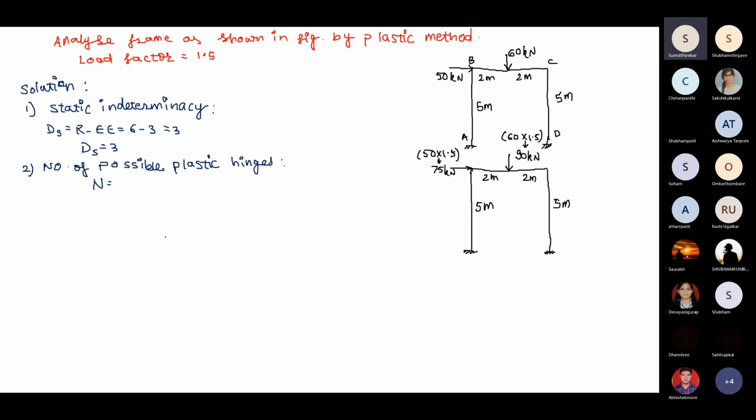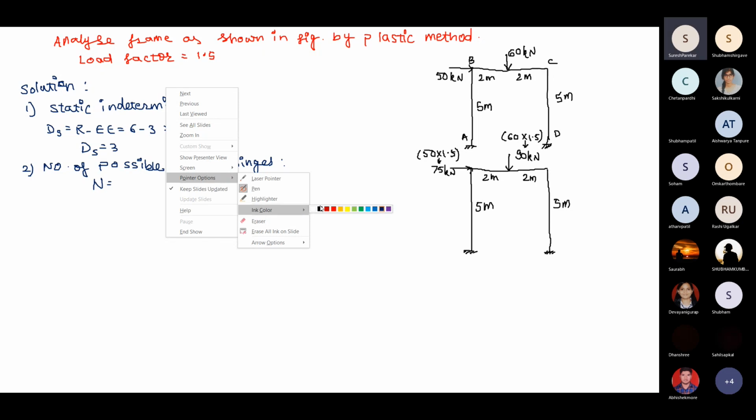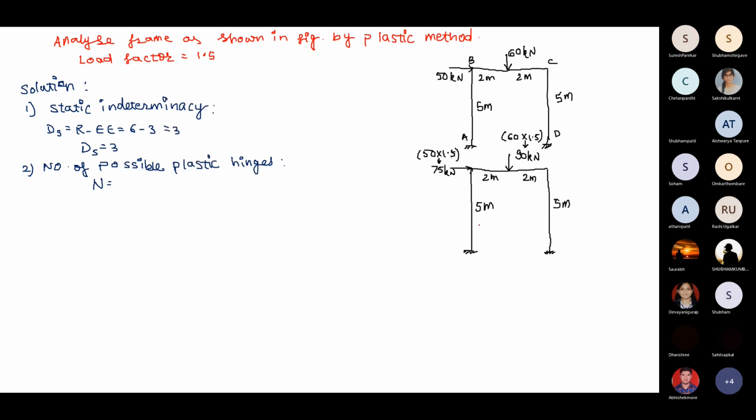How many hinges are possible? Five. Yes. So 2 at the 2 fixed supports, 2 at the 2 rigid joints, and 1 under the 90 kilonewton.